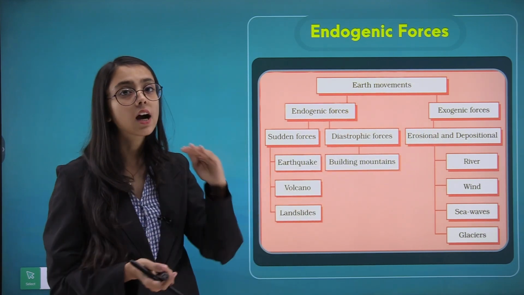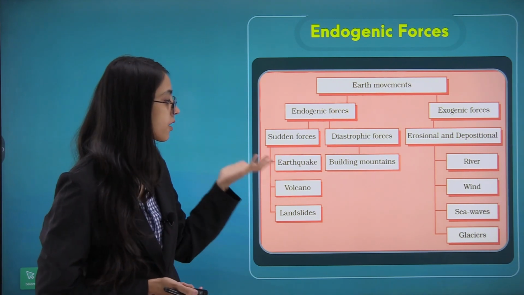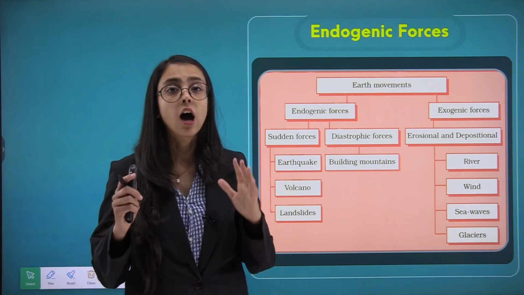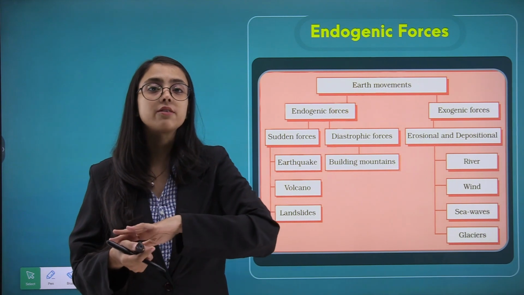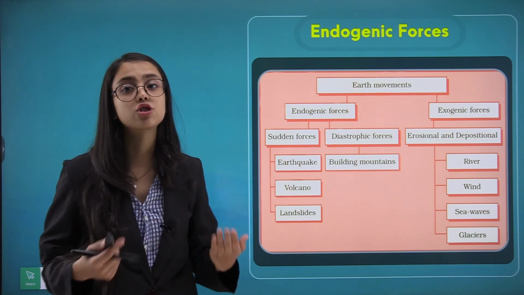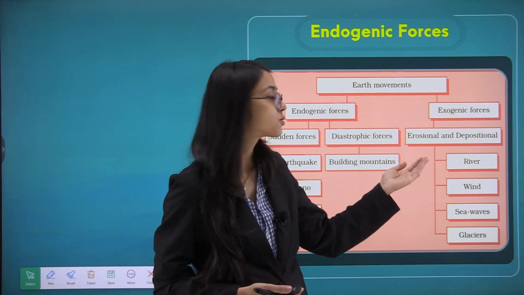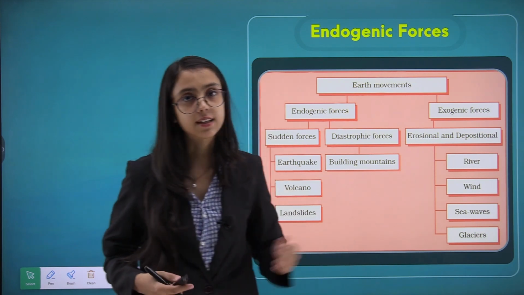Endogenic forces are deep inside the earth and may result in earthquakes, volcanoes, landslides, etc. However, exogenic forces are those happening on the surface of the earth, such as soil erosion and deposition, which is caused by rivers, wind, sea waves, glaciers, etc.